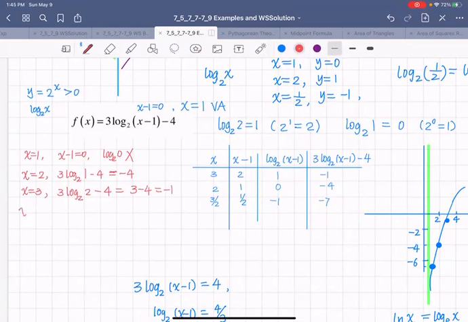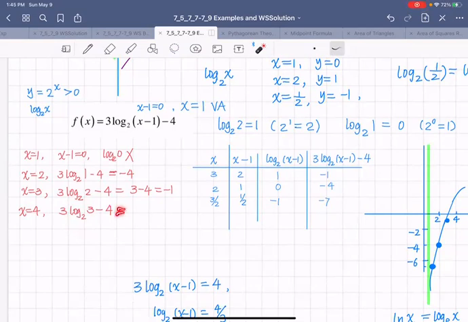And then we do x equals 4. This becomes 3 log 2, 4 minus 1 is 3. Without a calculator, how do you know how much this is? You won't be able to find out this value. Log 2, 3, you will not be able to find the value without a calculator.